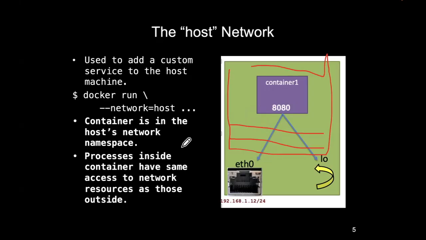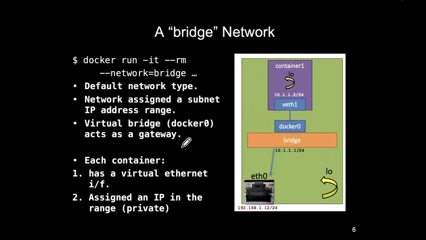Okay, so maybe let's just move on to bridge networks, which we can talk about and demonstrate. If you want to attach your Docker container to the default bridge network, you can do it like this. This is always the network name. Whenever you have the --network option, you're specifying a network name, not a network type.